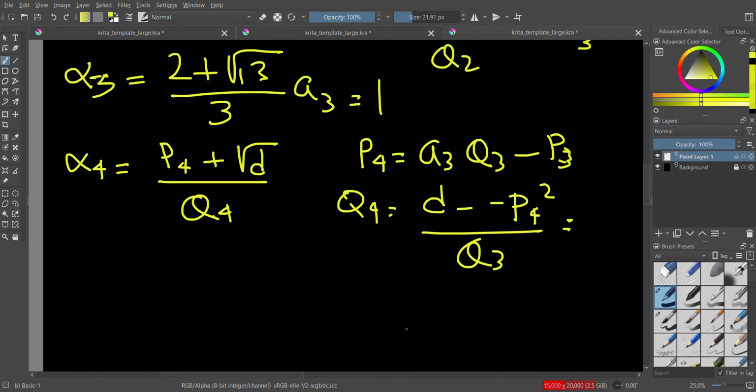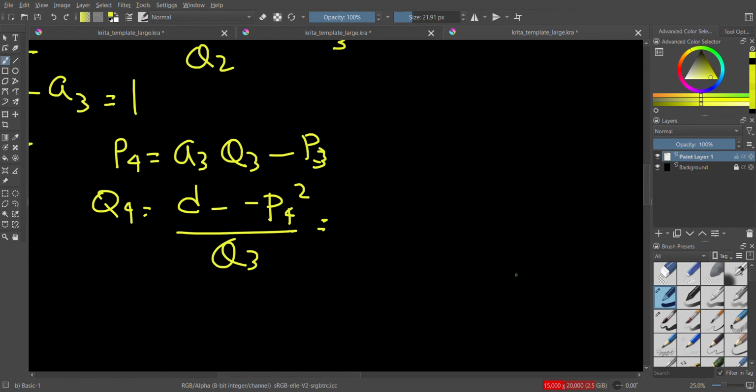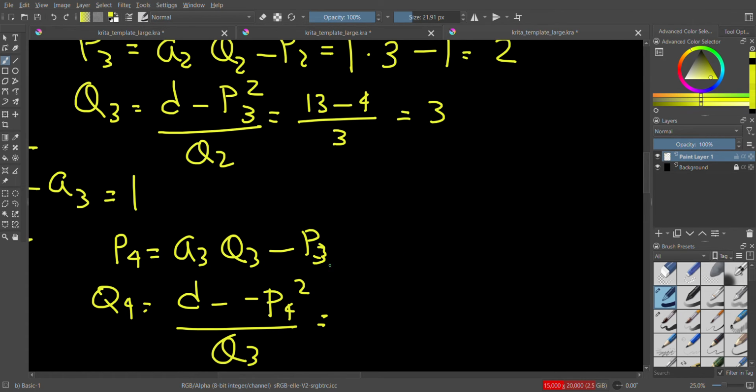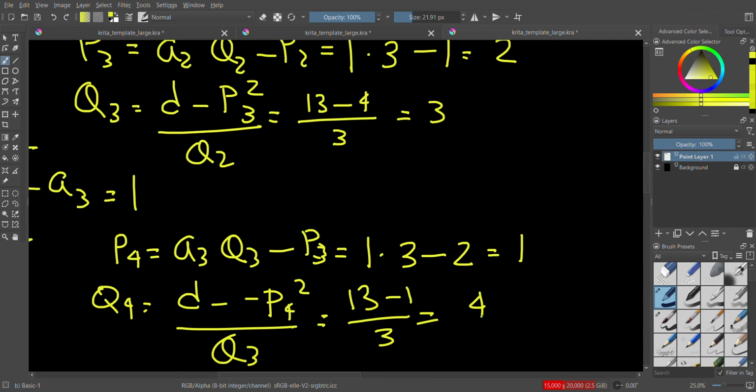Okay, now let's go and fill these in from our previous values. A3 we said was 1, Q3 we said was 3, and P3 is 2. So this is 1. So P4 is 1. Then now we put it in here, we square that, and then we divide it by Q3, which we know is 3. This is 4.